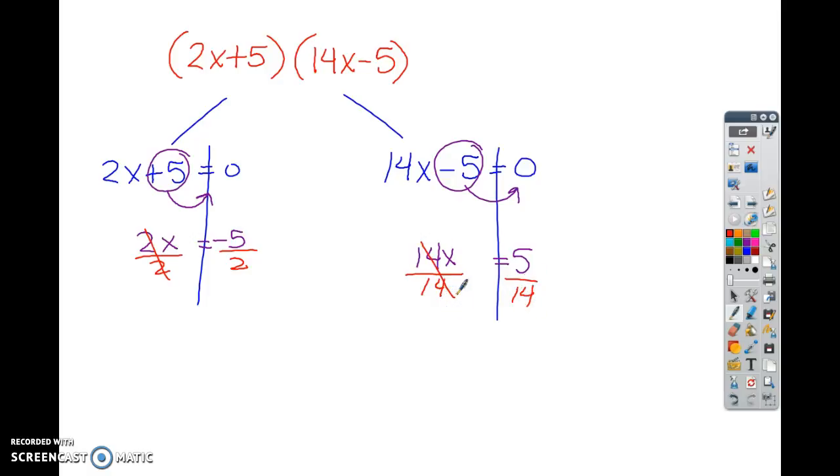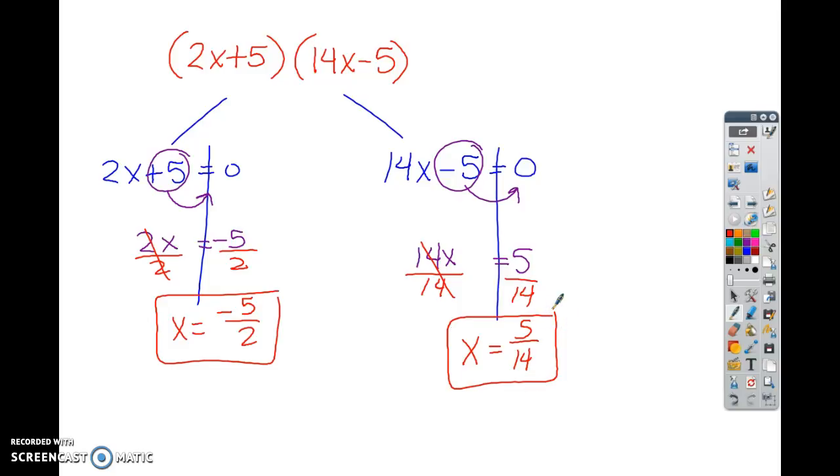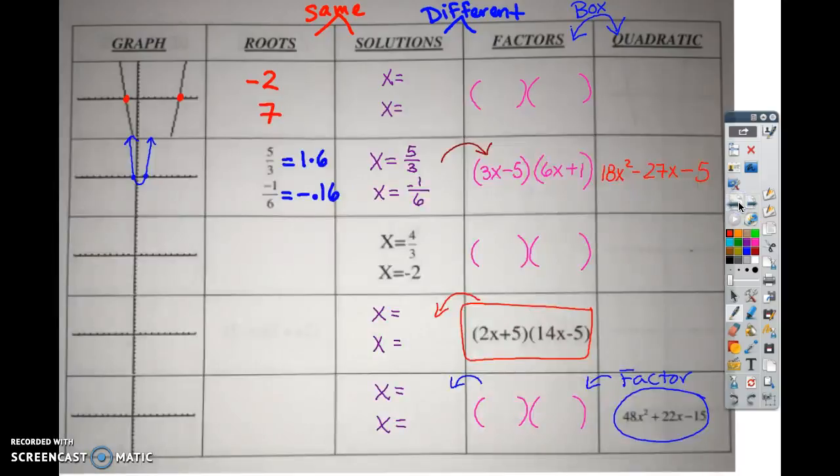Put it in the calculator. X equals negative 5 over 2. And this one, x equals 5 over 14. And write those down as your solutions. Negative 5 over 2 and positive 5 over 14.